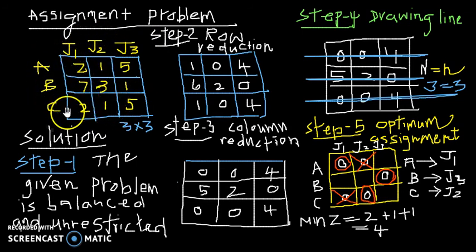So if we assign all these people to these jobs, the sum of the assignment costs will give us the total cost. So 2 plus 1 plus 1, 4 rupees. I challenge you that we cannot make any other assignment such that the total cost goes less than this 4 rupees.